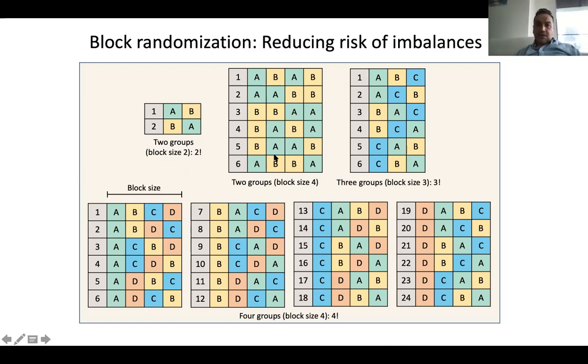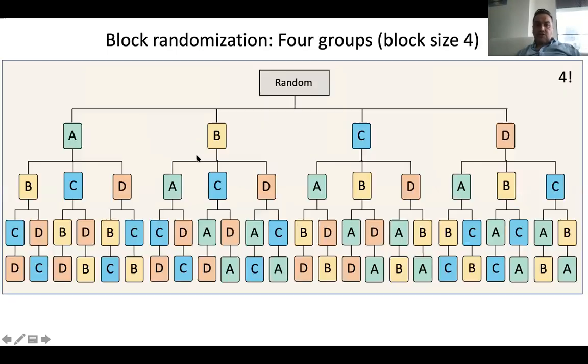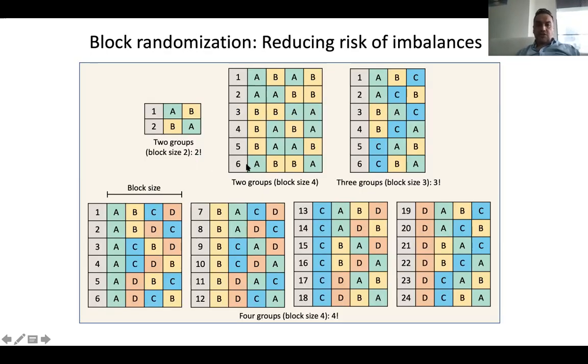So that's going to be a random allocation between 2, 4, and 6, for example. And same for the 3 groups. And this is going to be really more difficult to guess, right? So this is why people sometimes use random blocks for the randomization.